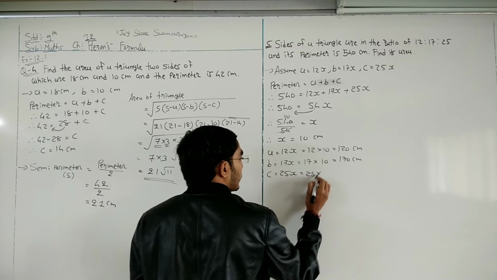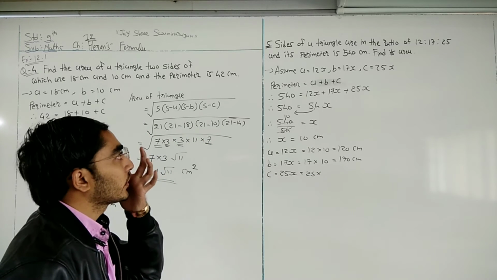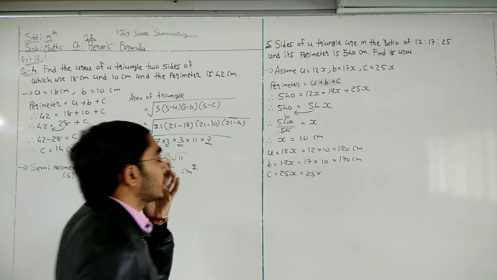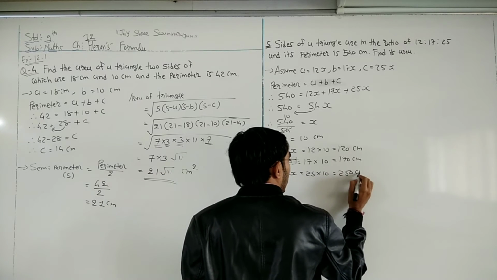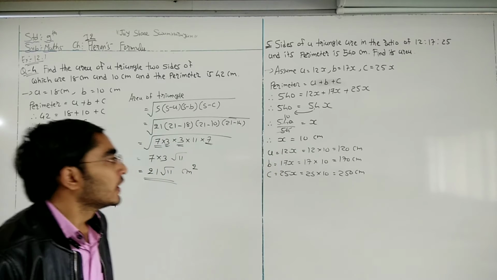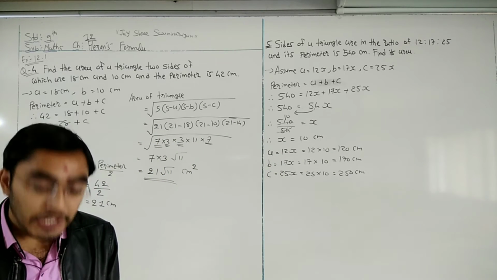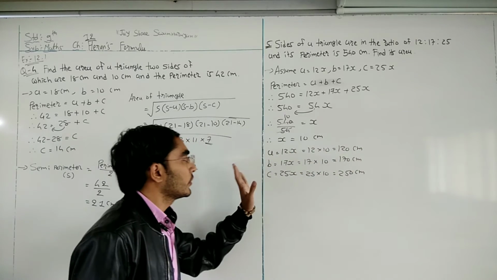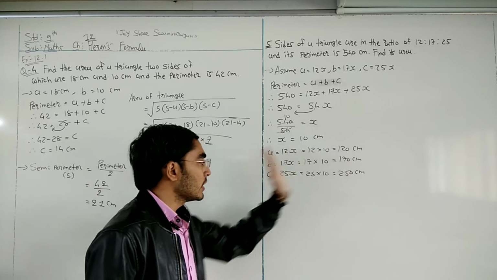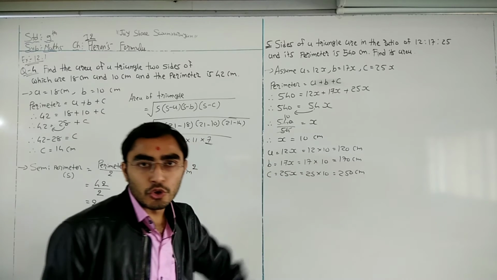So 25 multiply x, it is 10. So 25 into 10, 250 centimeter. Okay. So right now we get our three sides. First side A 120 centimeter, second side B 170 centimeter, third side C 250 centimeter.